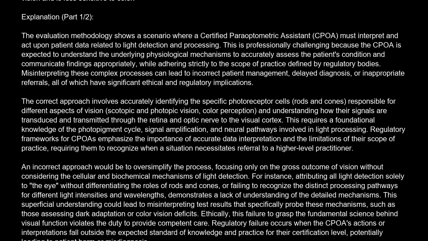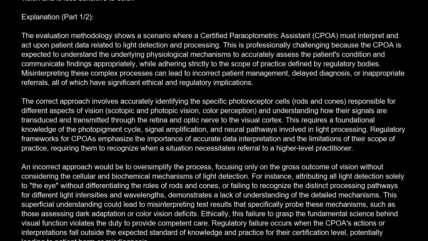The correct approach involves accurately identifying the specific photoreceptor cells, rods and cones, responsible for different aspects of vision, scotopic and photopic vision, color perception, and understanding how their signals are transduced and transmitted through the retina and optic nerve to the visual cortex. This requires a foundational knowledge of the photopigment cycle, signal amplification, and neural pathways involved in light processing.